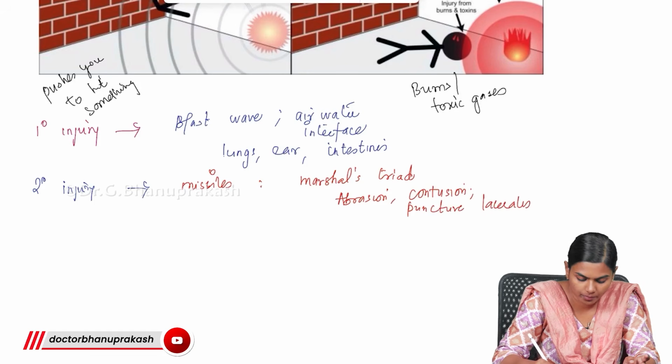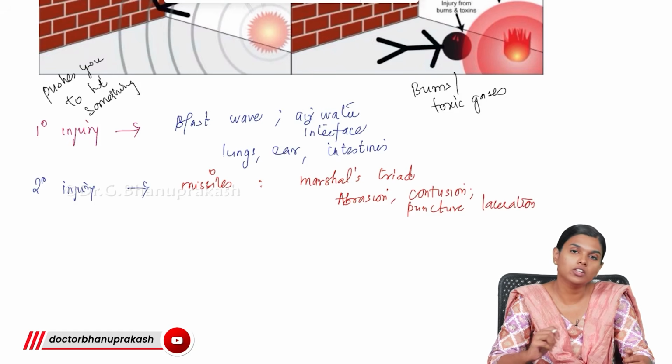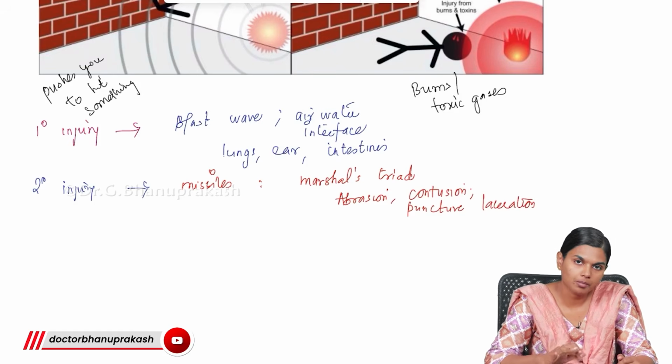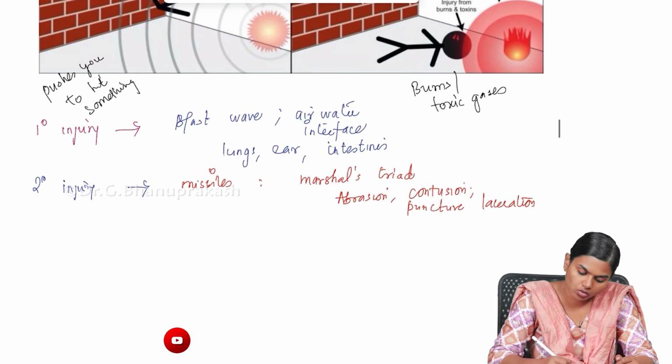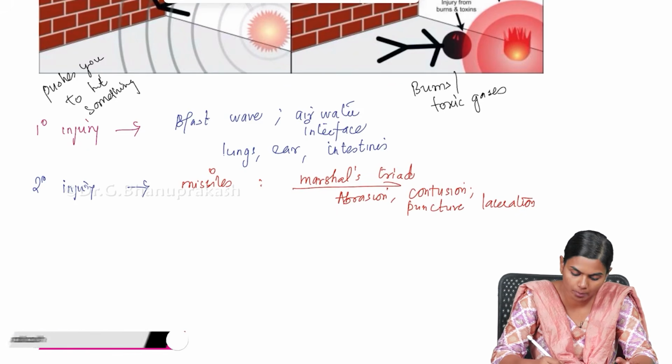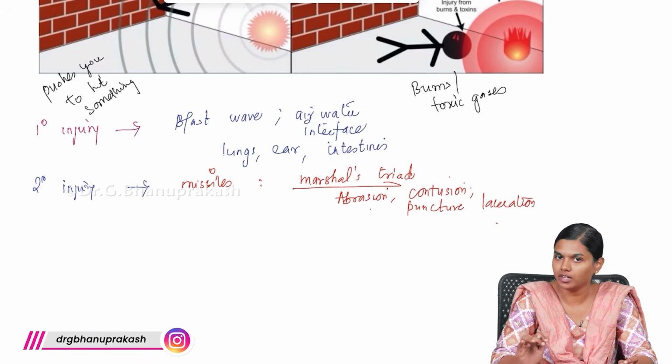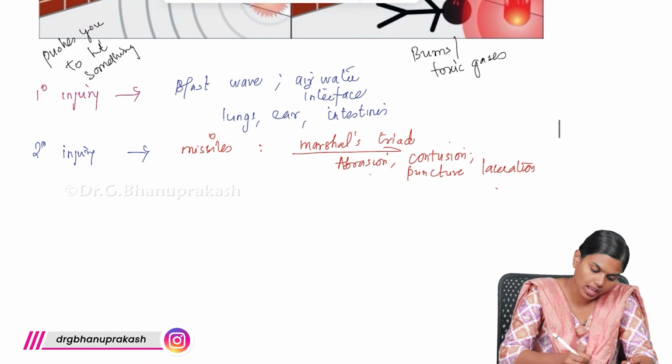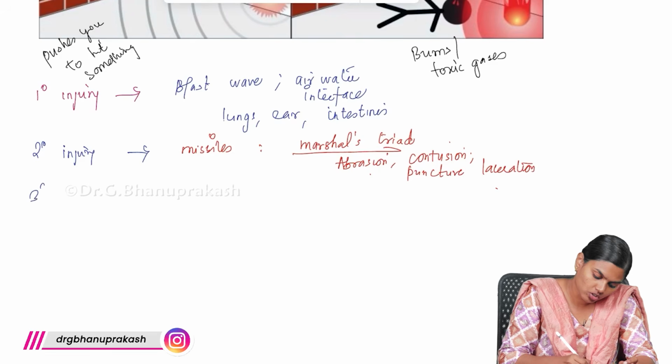So these are the types of injury that you will be getting in this secondary blast injury. This is known as Marshall triad, and what consists of Marshall triad is important: abrasion, contusion and puncture laceration.